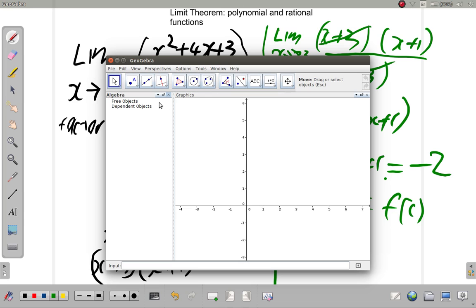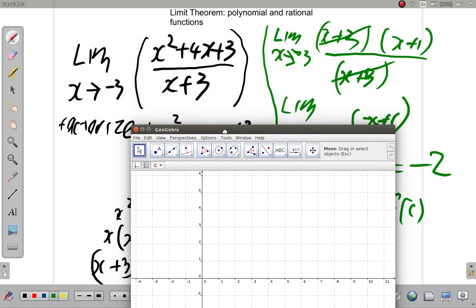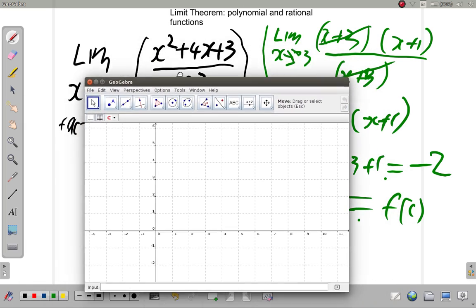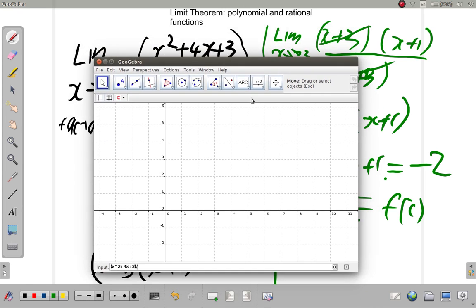Alright, so we want to plot. What do we want to plot? x squared plus 4x plus 3. So we're going to plot x to the 2 plus 4x plus 3 divided by x plus 3.